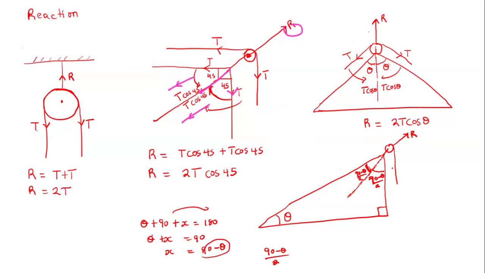So remember, your tension is acting somewhere here. So when you resolve it towards here, you'll get your T cos of 90 minus theta out of 2. This side you'll get 90 minus theta out of 2. So what do you end up with? You'll get your R equals to 2T cos of 90 minus theta out of 2. So that is going to be your reaction in case your pulley is in that form.